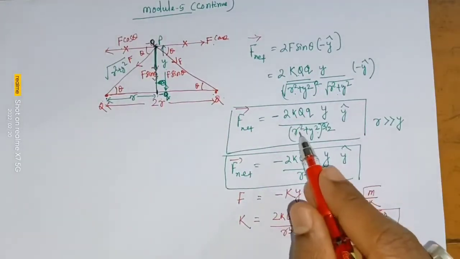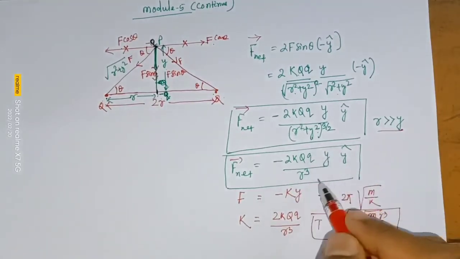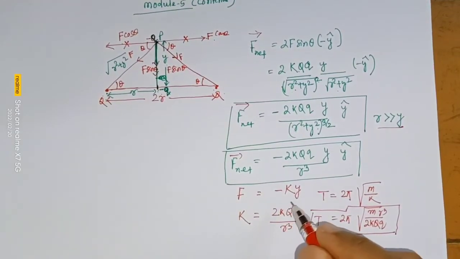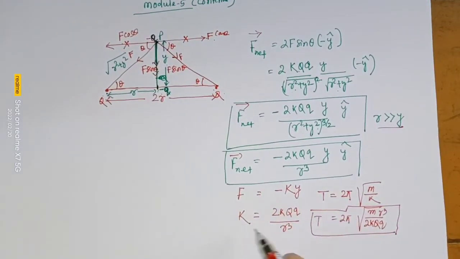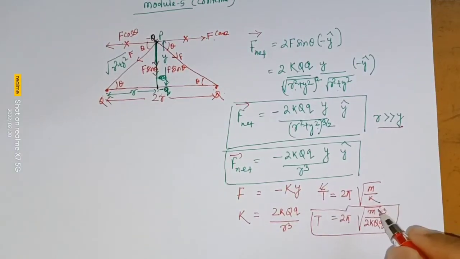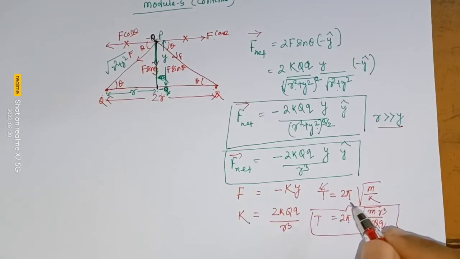R is much greater than y, so you just remove this y. Making a comparison with the SHM equation F equals minus ky, we get the value of k, and using the time period t equals 2 pi root over m by k, I simply substitute the value of k and get the time period of the SHM.